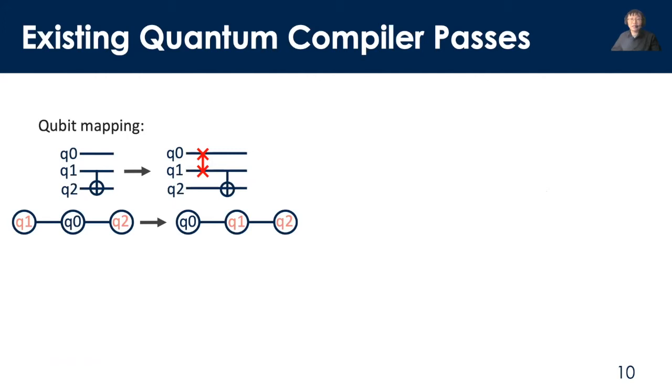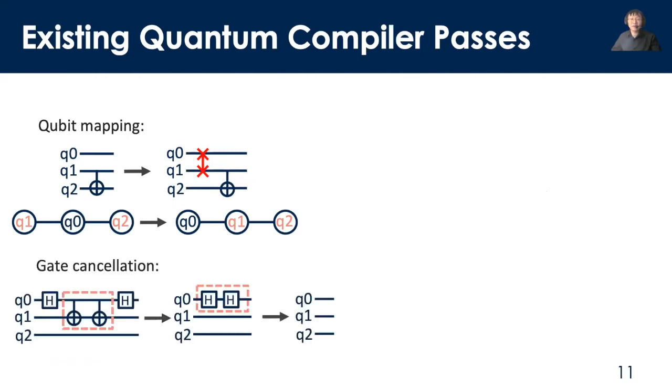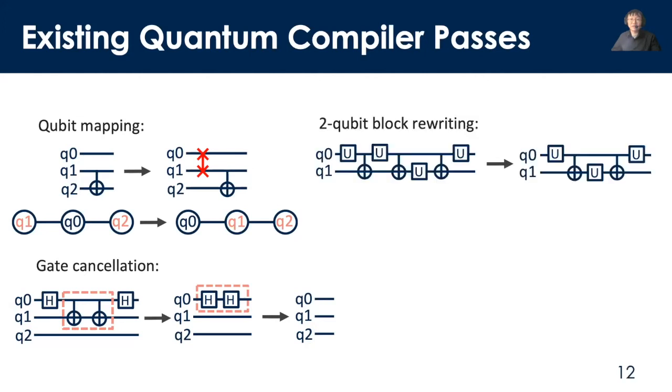There are also other quantum compiler paths. For example, the gate cancellation path. In this path, we can look for some gate pairs or even more series of consecutive gates that can be canceled out. And we also have two-qubit gate block rewriting.